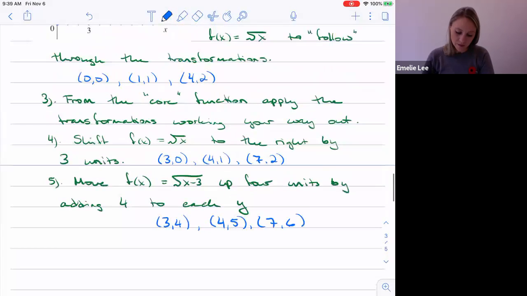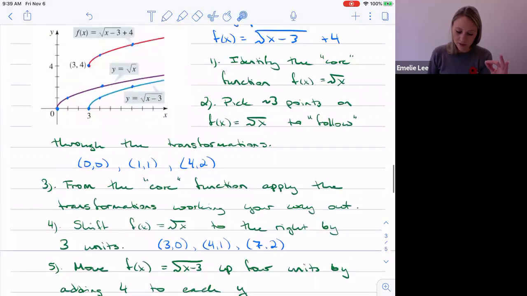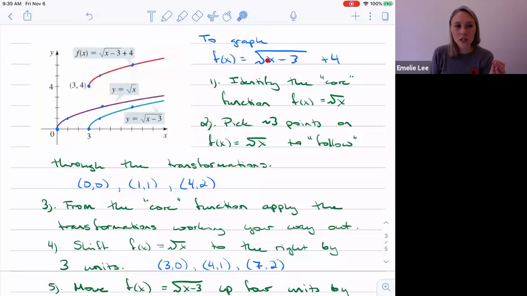Okay. So this procedure of first identifying the core function and then applying the transformations, just kind of blooming your way out, that's going to be how you graph these things in general, right? So you don't want to try to tackle this whole thing.